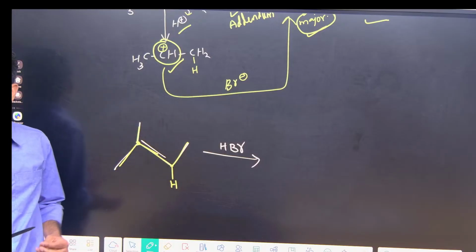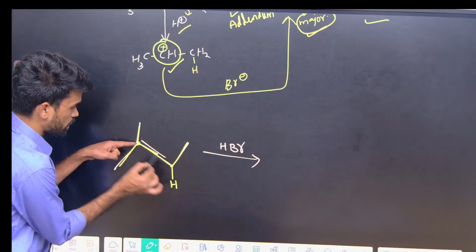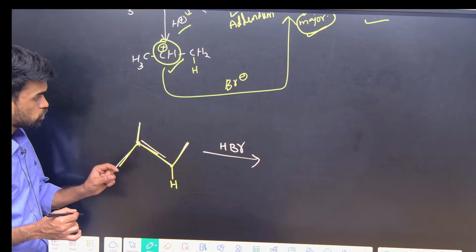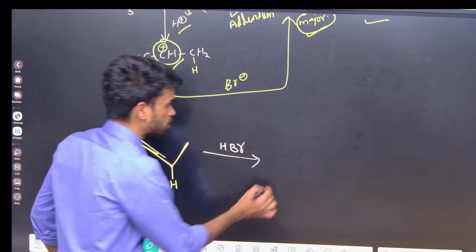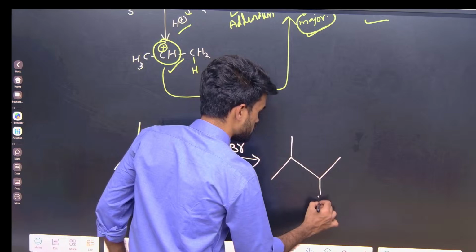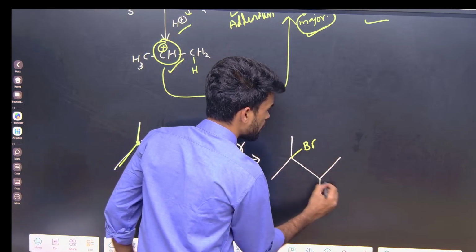So where do we have the least number of hydrogens or no hydrogens? Out of these double bonded carbons, this has no hydrogens. So the negative part of the addendum goes here and hydrogen comes here. The statement is purely based on mechanism only. Okay, this is nothing magic. So here bromine, here hydrogen.